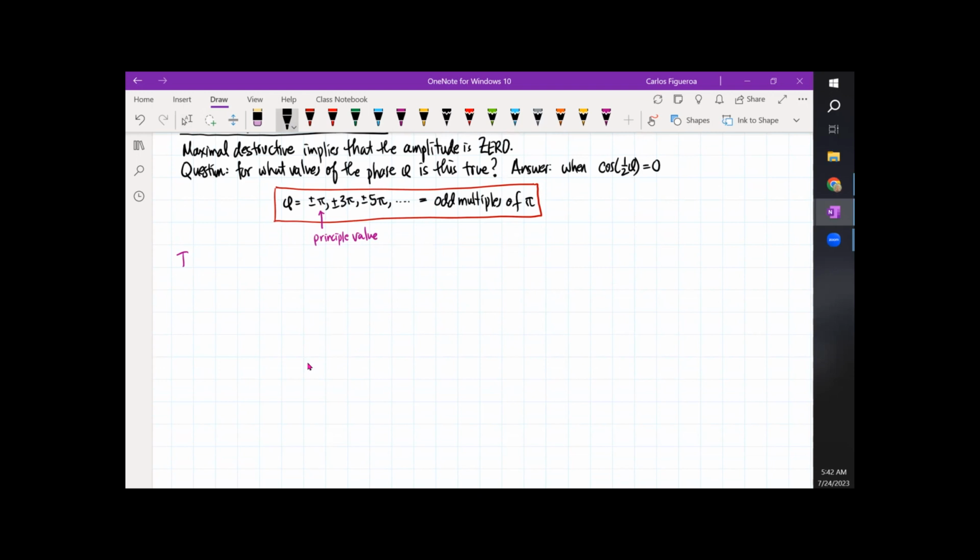Two waves that differ by phi equal to pi, which is 180 degrees, are said to be out of phase relative to each other.